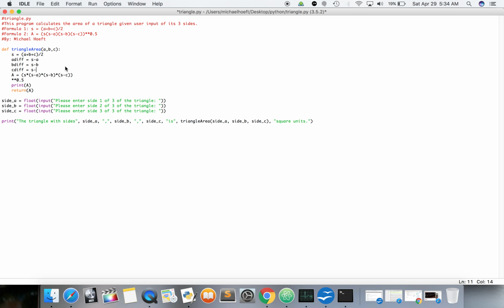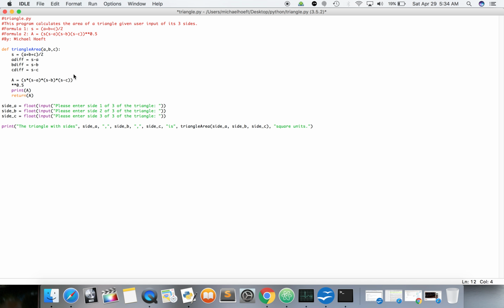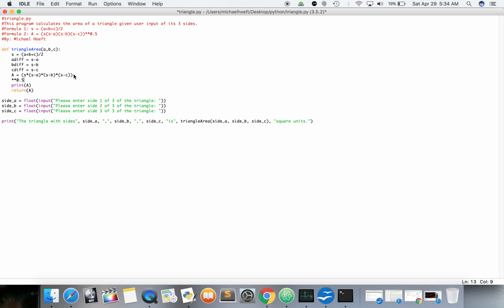I'm not saying this is the end-all be-all, but I like breaking them up into different variables. I think a lot of the math challenges are solved here. C diff.